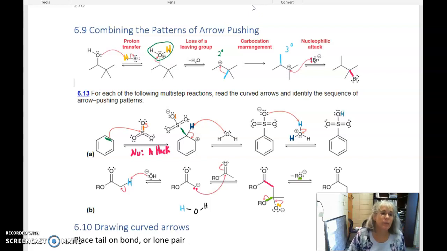In this diagram, we see that this blue hydrogen is being transferred. We have hydrogen on this figure. This figure has no hydrogen, so the hydrogen's been removed. So this is a proton transfer.